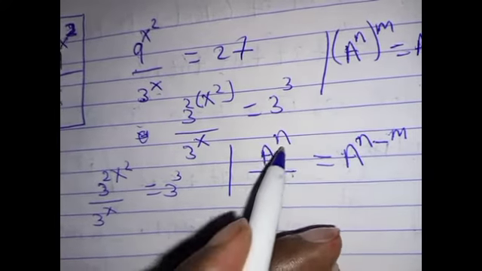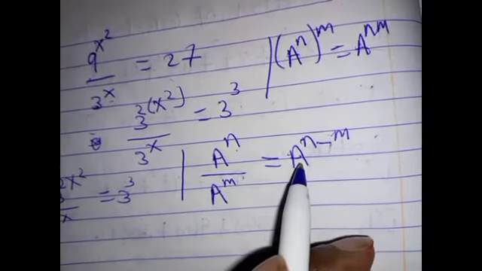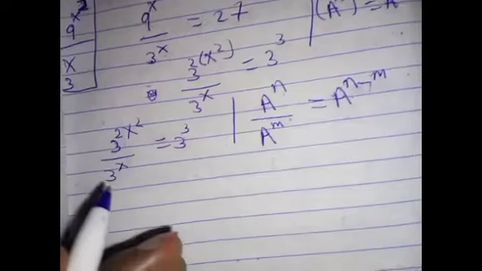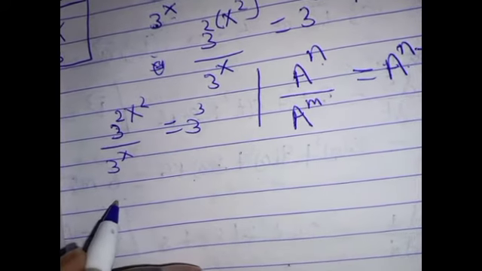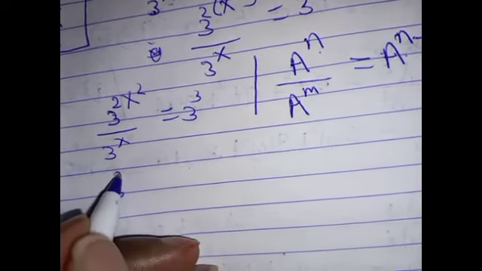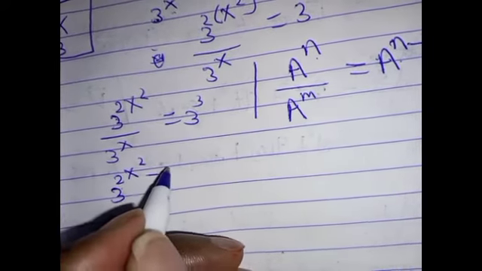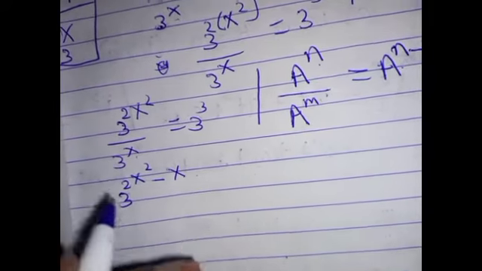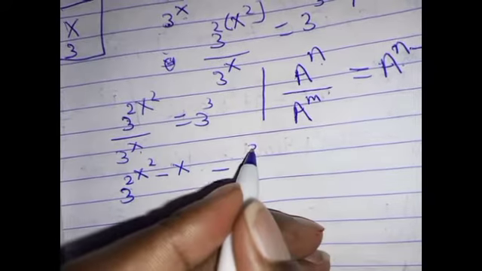So you apply it here. So we are going to have now, in this case, 2x squared minus x, this x here, which is equal to 3 power 3.